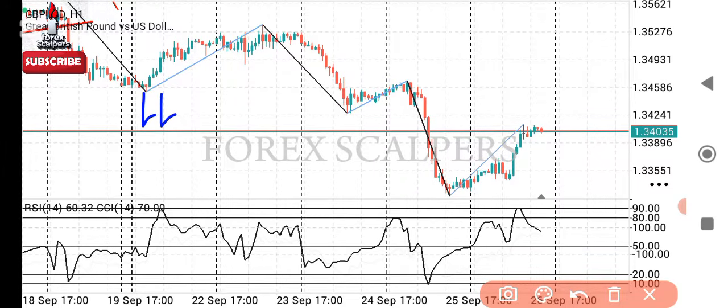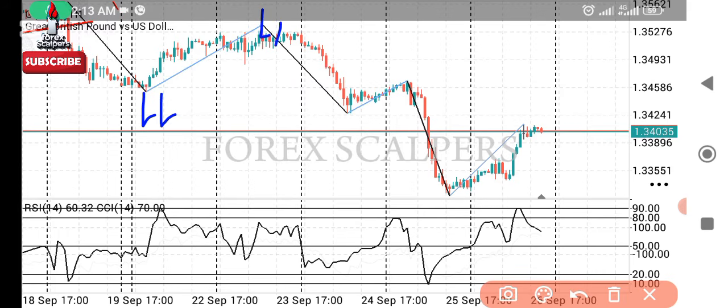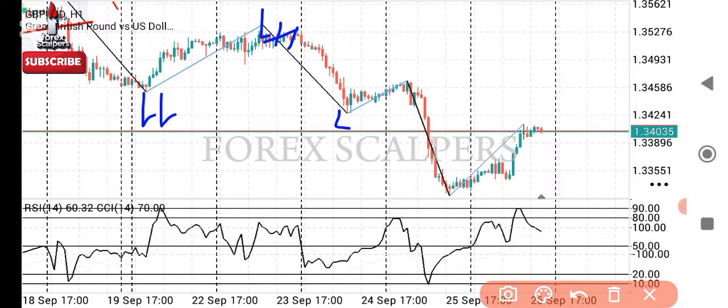This is a lower low, this is a lower high, this is a lower low, this is a lower high, this is a lower low, and then we are having a new lower high formation, all by the help of this single indicator. So looking at this, we can now take advantage of this indicator in order for us to do what? To find our entry.